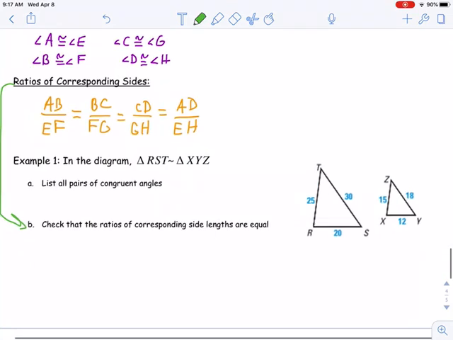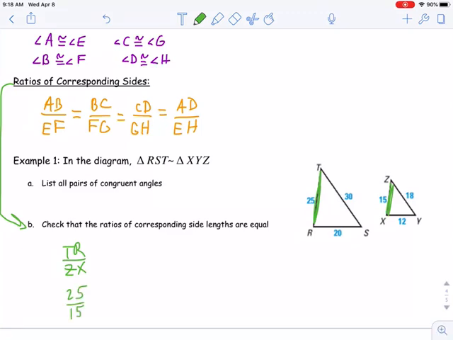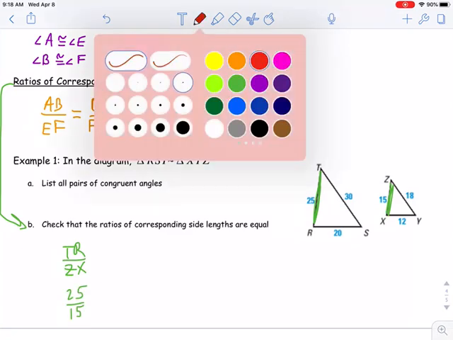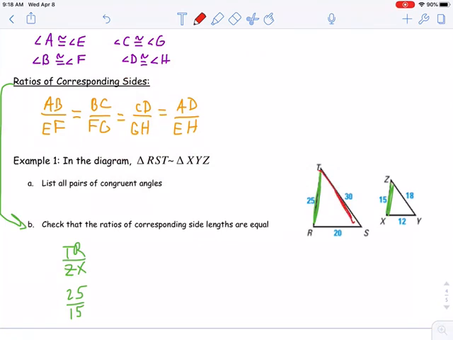All right, so I'm just going to pick TR first. Well, that corresponds to ZX. So I have TR over ZX. Well, that's going to be 25 over 15. Well, what about TS and ZY?